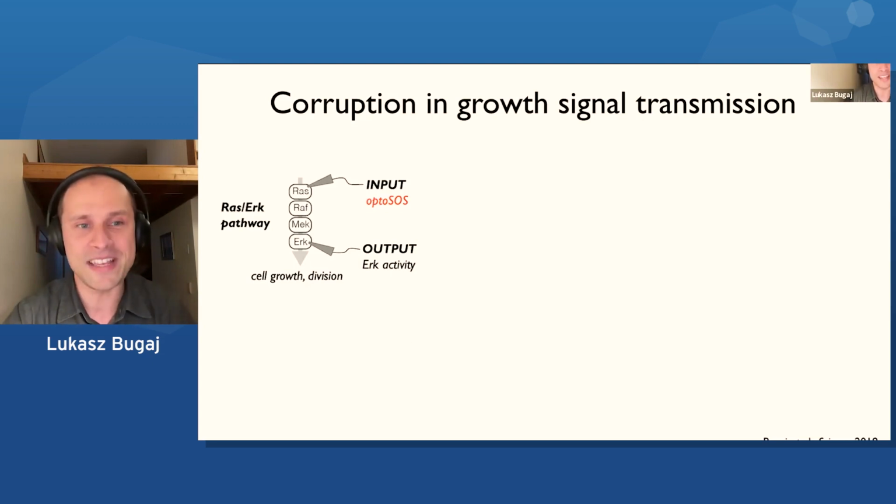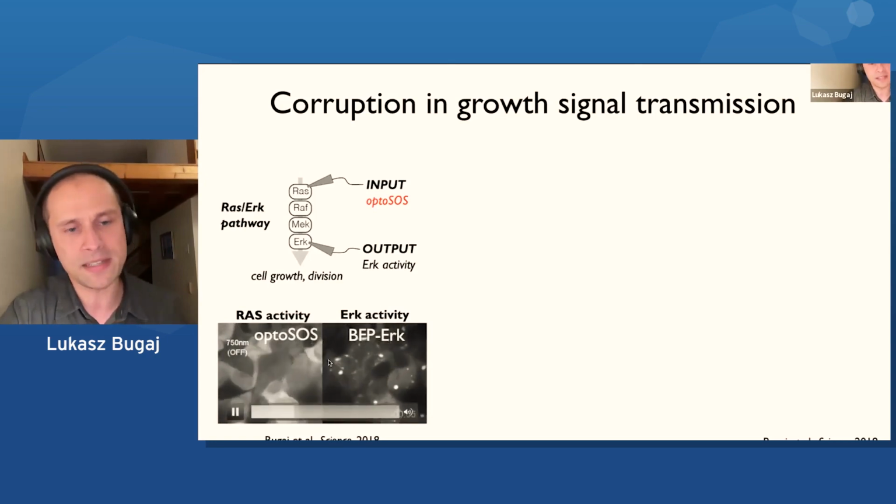So really any essential cell process, and because it's so central, it's mutated in half of human cancer. So it's super important clinically, and particularly in lung cancer, which is where we started looking. Okay, and so we had a small panel of cancer cell lines where we expressed this protein called optoSOS. This is an activator of this top enzyme called RAS, and this is basically how these experiments look.